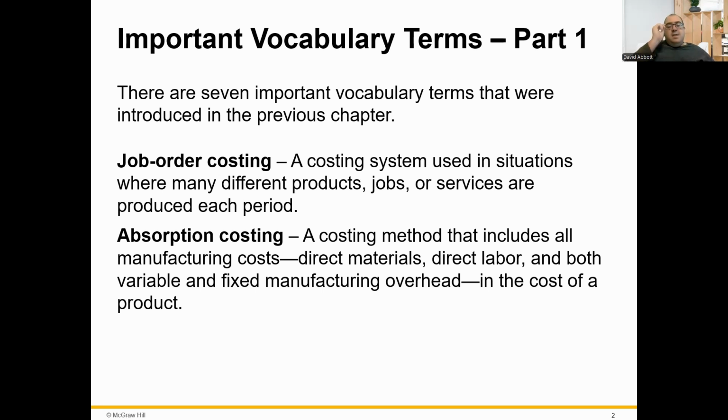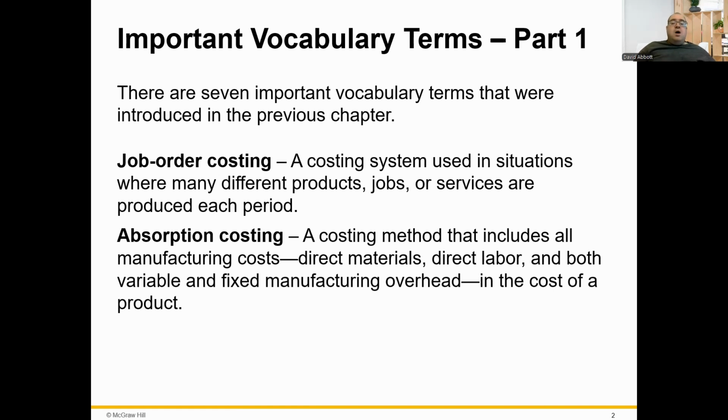Remember that that is a costing system that's going to be used in situations where many different products, jobs, or services are produced each period, and they are more or less a custom type thing. So you have job order costing and then you have process costing. And we haven't talked about process costing yet. We will upcoming.